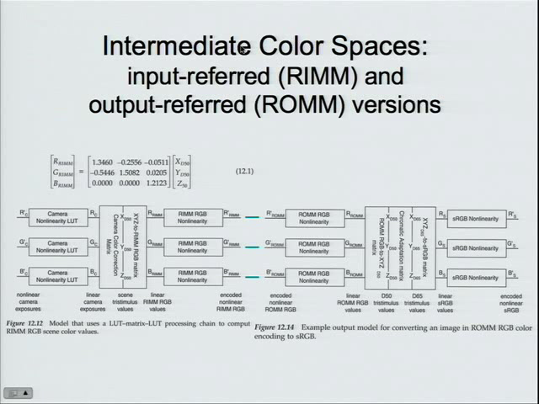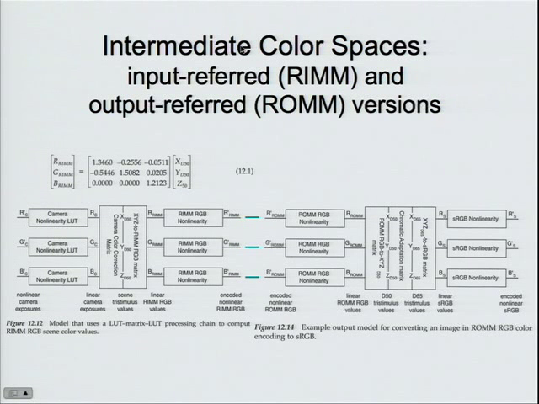This is just an example to show that you may have more than one of these LUT, matrix, LUT kind of structures, and they're connected in the middle with an intermediate RGB space. And these guys at Kodak developed a couple of spaces they called RIMM and ROMM, for the reference input medium metric and reference output medium metric RGB color spaces. So reference input means it's a scene referred color space.